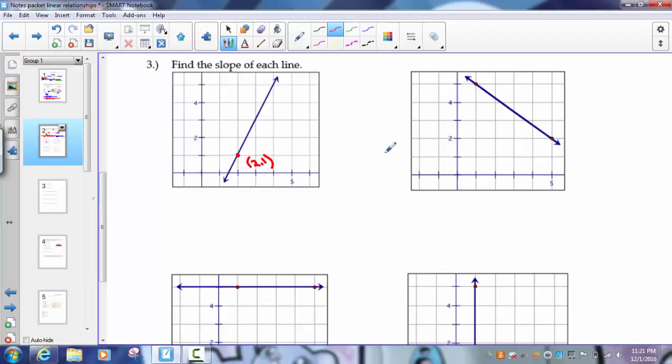So as you know, the slope formula is y sub 2 minus y sub 1 divided by x sub 2 minus x sub 1. So try these 4 examples here for question number 3, and then we will go over the answers in class.